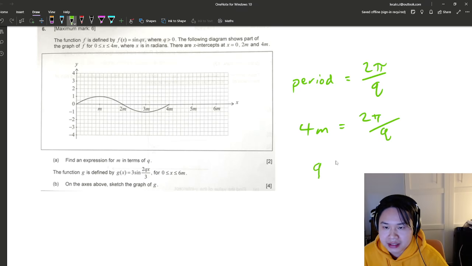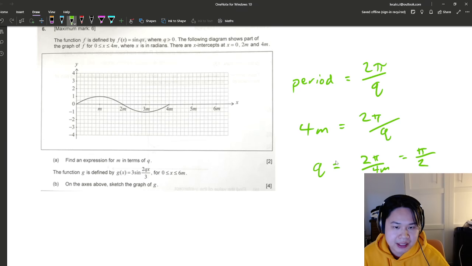So that means that Q is going to be 2 pi over 4m. And then I'll reduce this one. So this is pi over 2m.